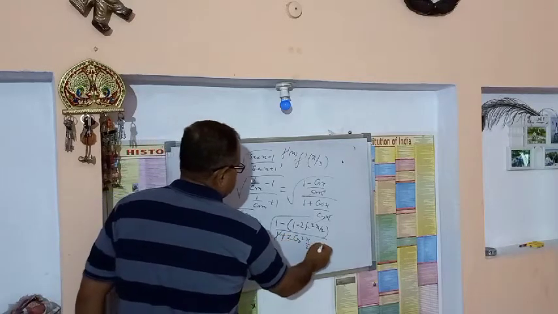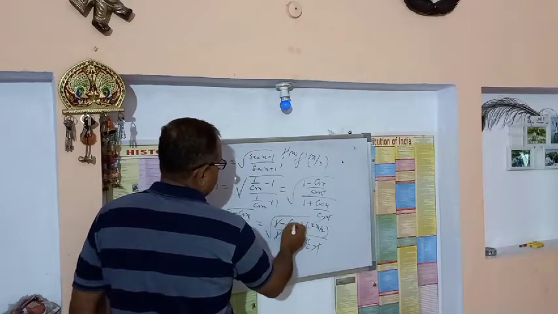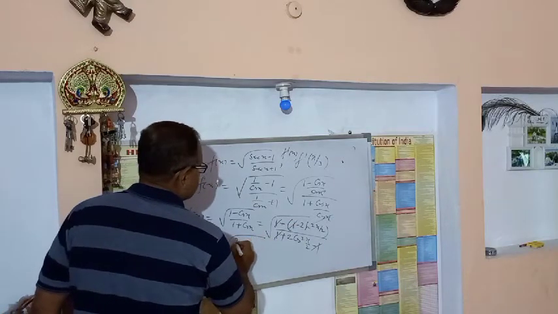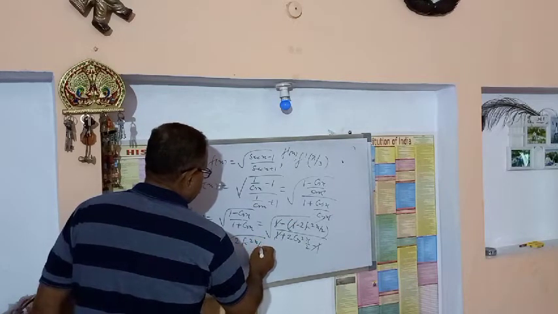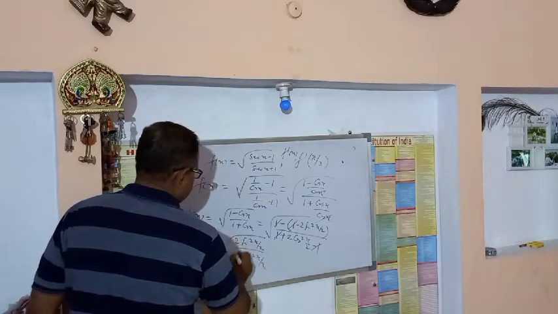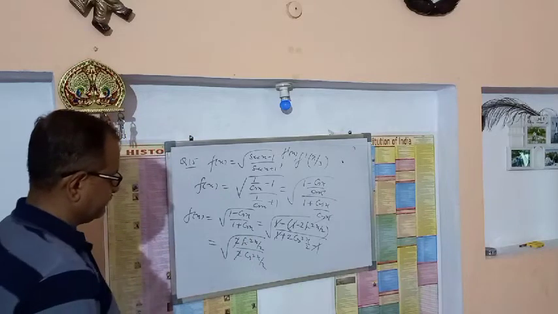So plus 1 minus 1 cancel, minus minus plus. So under root 2 sine square x by 2 upon 2 cos square x by 2.